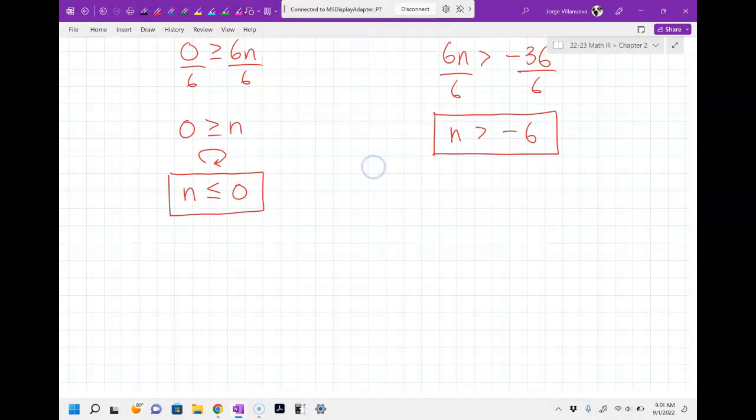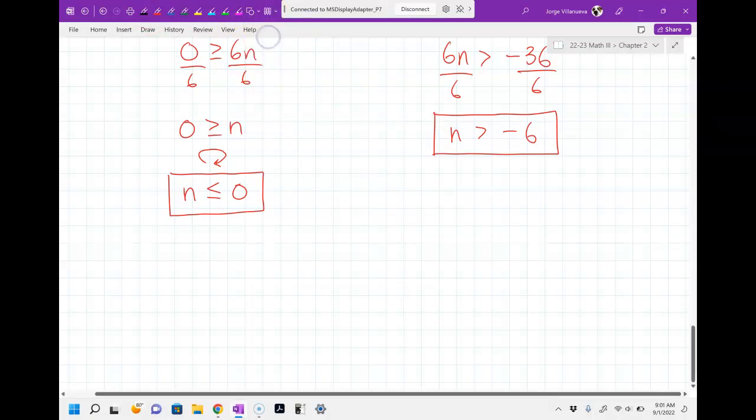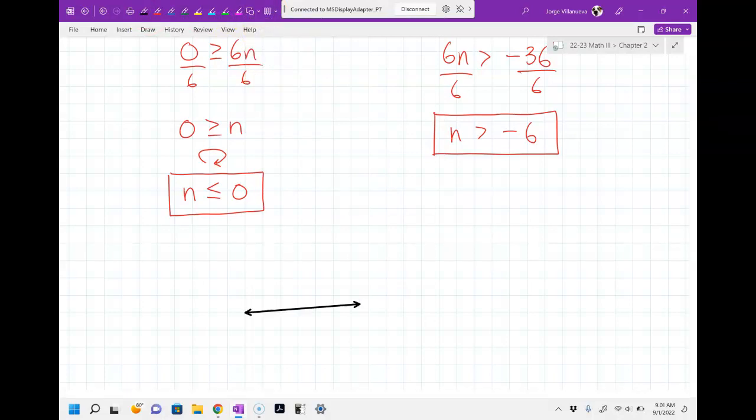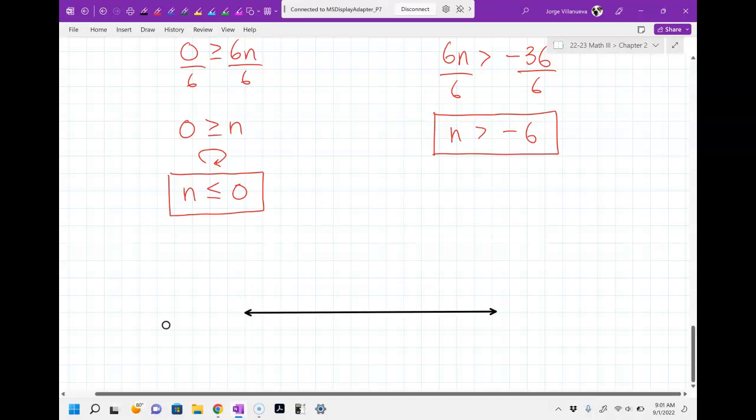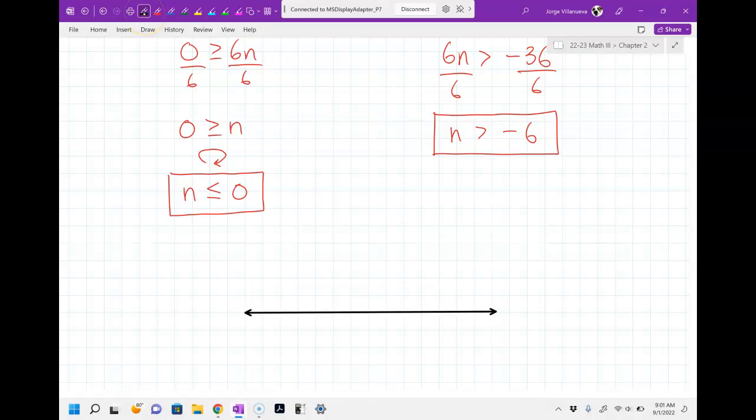I pressed the wrong thing. All right, so we need 0 and -6. I'm going to go by 2's, okay? So here's, I'll put 0 here, -2, -4, -6, -8, 2, and 4.